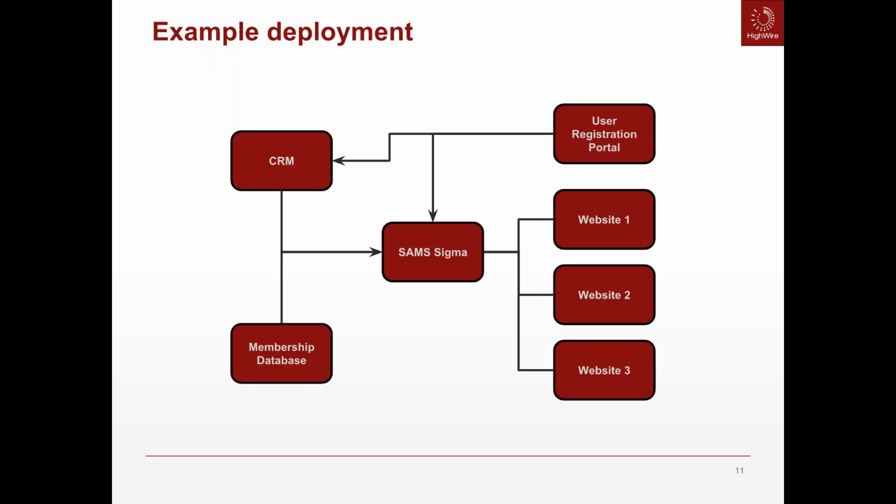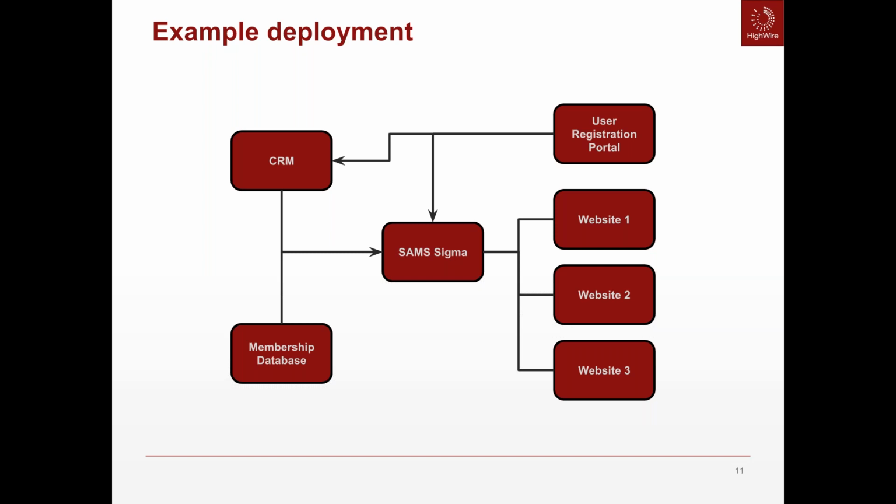Then, as Craig was mentioning, we have a fairly flexible and powerful set of APIs in SAMS Sigma that enable subsystems like the membership database or the CRM to push data or even extract data out of SAMS via the API, so that data can be synchronized in real time.